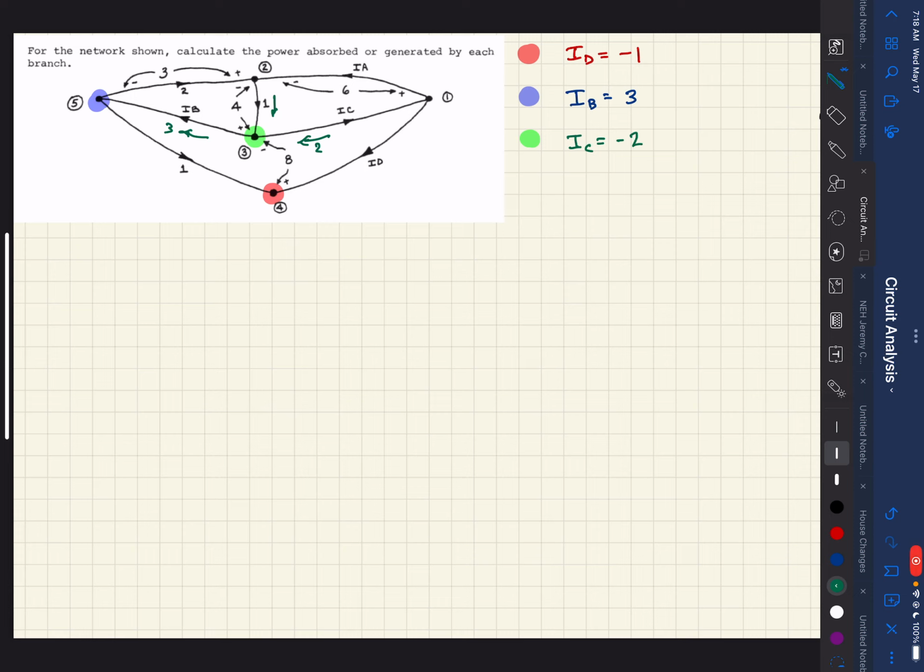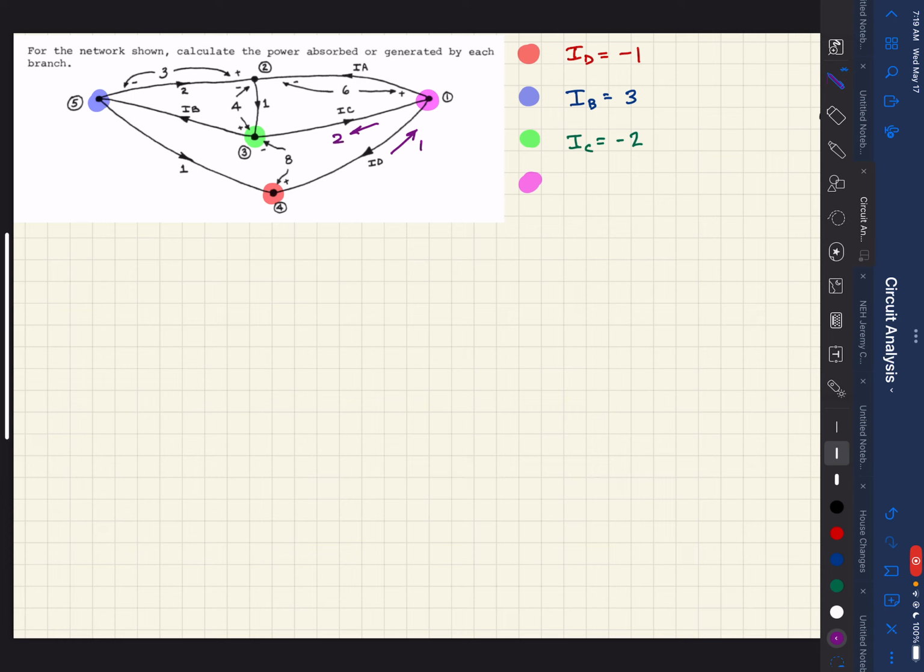All right, so now that just leaves one current left to calculate, and so what we want to look at here will be this node. And this node should give us our final current. So in this case, we've already determined that for ID, it's negative, so that means there's 1 amp coming in there. Also for IC, it's negative, and there's 2 amps coming out that way.